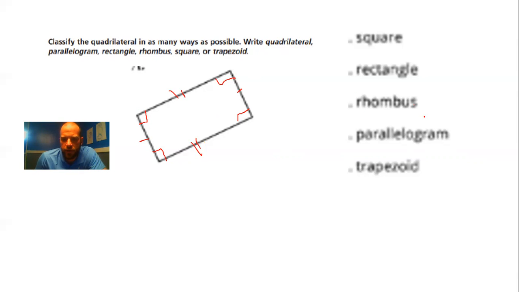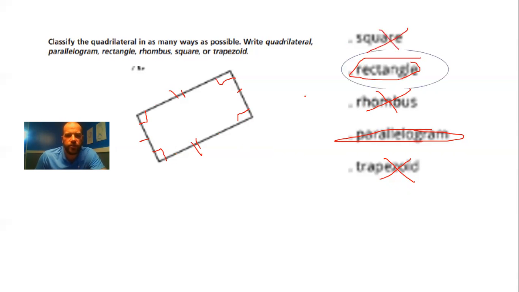So we know it's a parallelogram. And since it's a parallelogram, it is not a trapezoid, because a trapezoid only has one pair of parallel lines. Is it a rhombus? Are all sides equal? Is it a rectangle? Yes, it's a rectangle. It's a rectangle because it has two pairs of lines that are the same length. And is it a square? No, it's not a square.